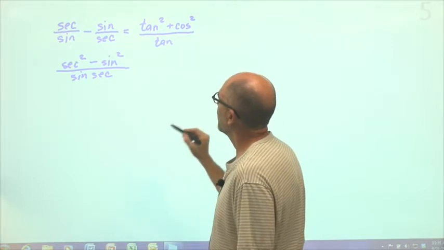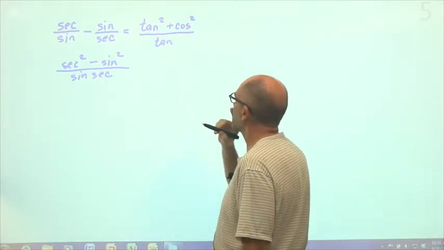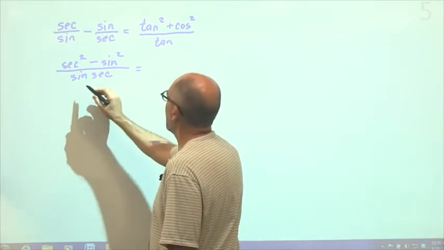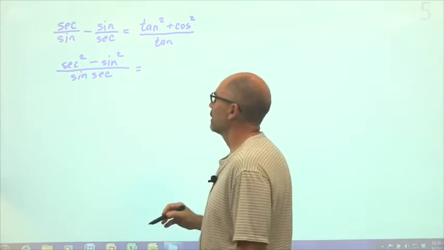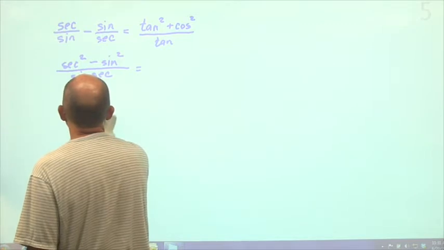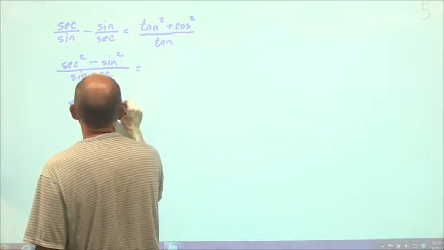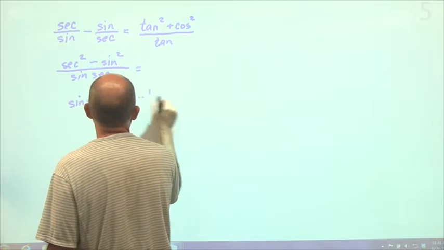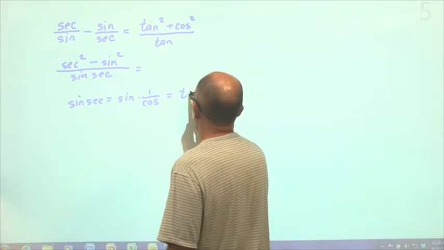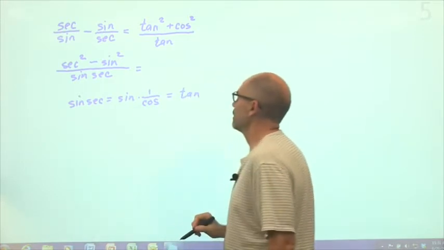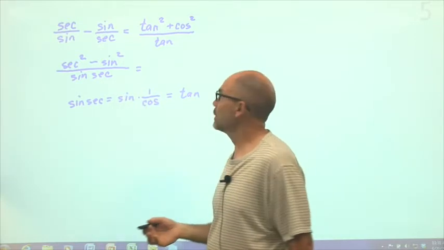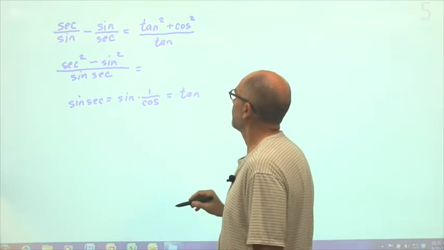Now the next thing we can do is sine times secant equals sine times 1 over cosine, which equals sine over cosine equals tangent. So the denominator becomes just tangent, just like up here.